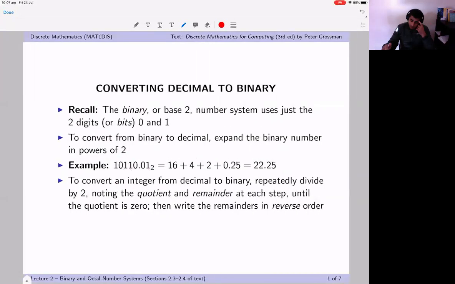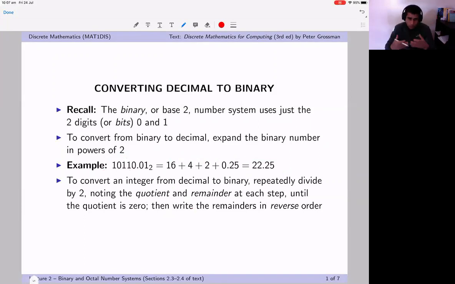Okay. Well, if you want to convert an integer from decimal to binary, what we do is repeatedly divide by 2 and note down all the quotients and remainders at each step until the quotient is 0. Then write the remainders in reverse order.